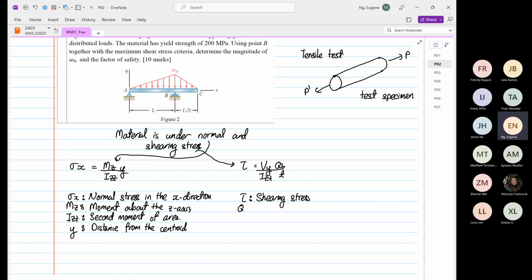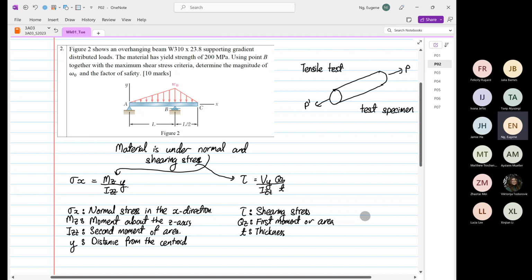Qz is the first moment of area. We already know what Izz is. t is the thickness. So we realize that the material is loaded in two ways, right? You have a normal stress, you have a shear stress.